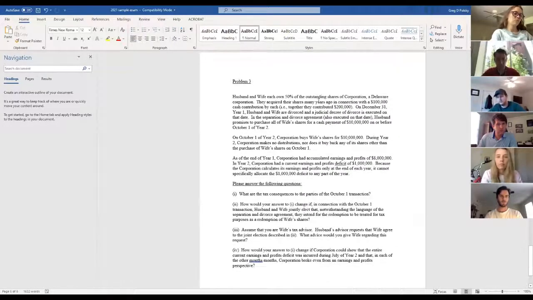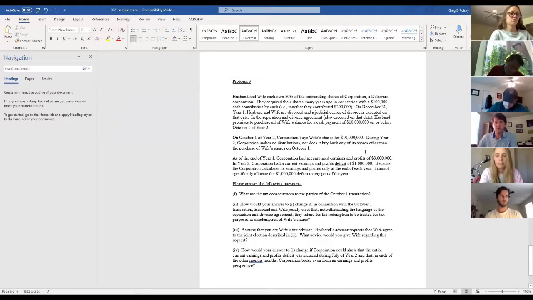So H and W each own 50%. They have pretty low basis in their stock, 100 each. They're going to divorce, and the husband is going to be obligated to purchase wife's shares for 10 million bucks. And instead, the corporation buys wife's shares for $10 million.